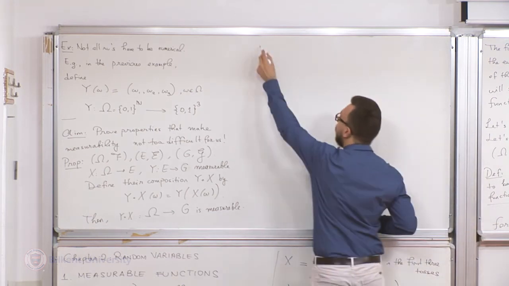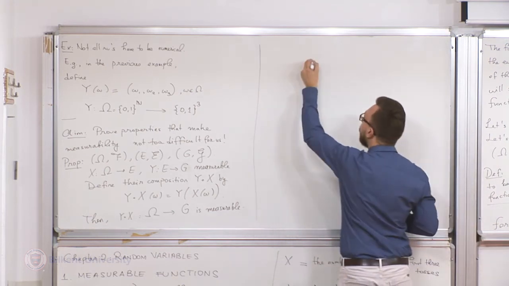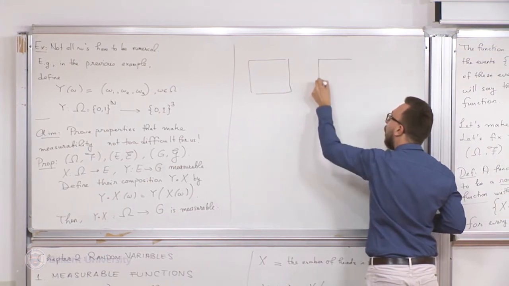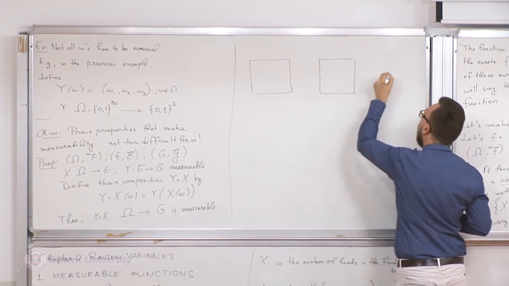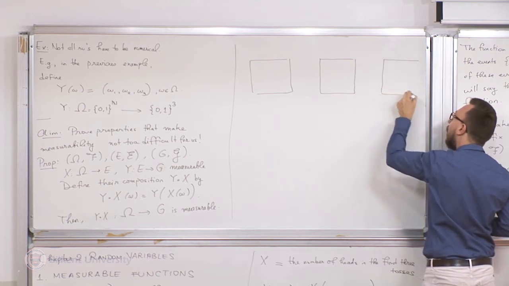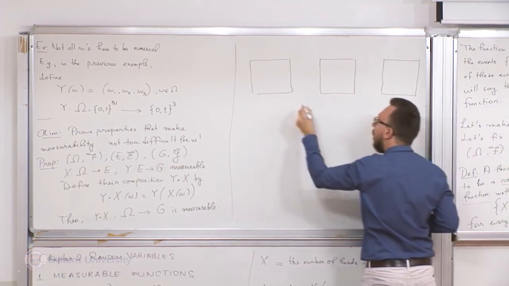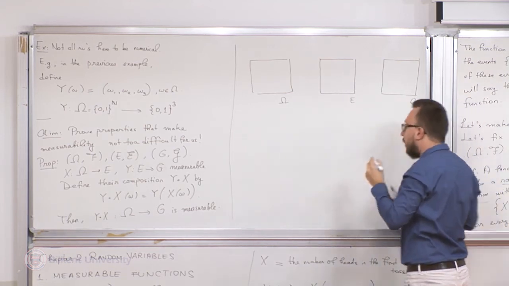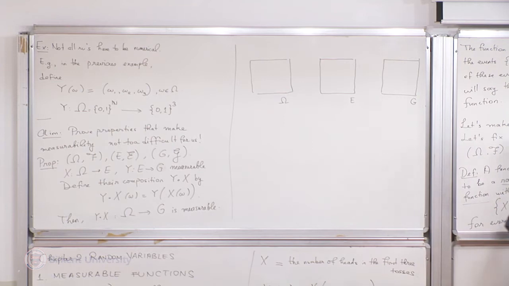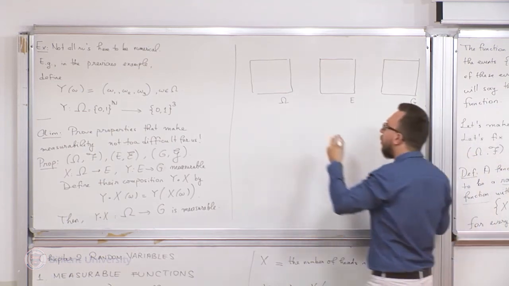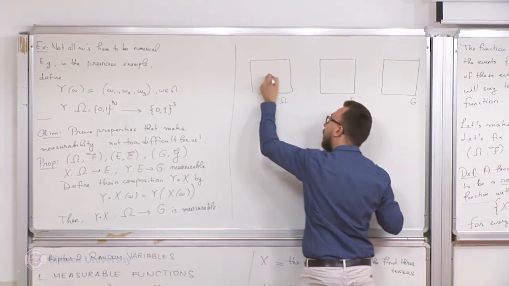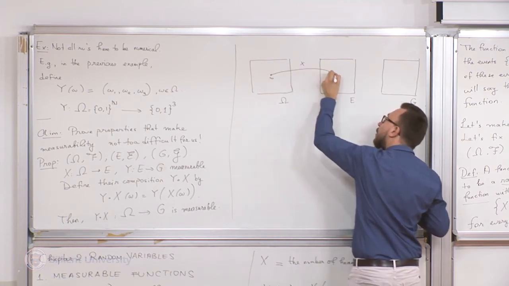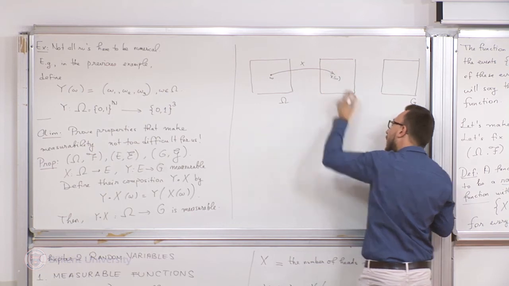Let me draw a picture so we know what we're talking about. So omega, E, and G. So here's what is happening. You have omega, okay? Using X, you map it to X of omega.